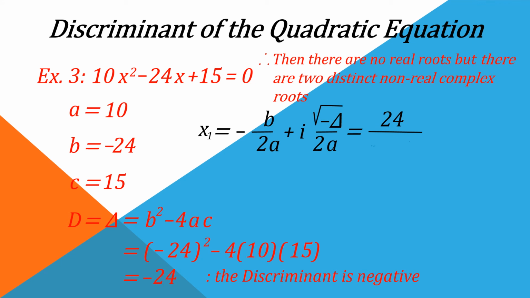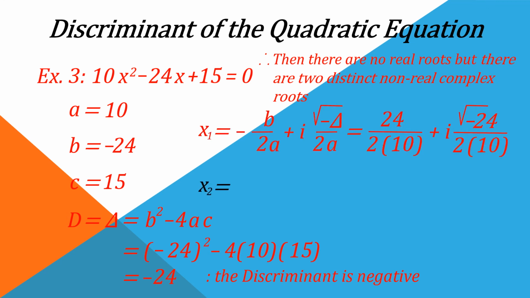Substitute the values: it is equal to 24 over 20 plus i, the imaginary number, square root of negative 24 over 2 multiplied by 10. In this case, the value of 24 becomes positive because our linear coefficient is negative 24 and the formula is negative b. It will become positive 24.